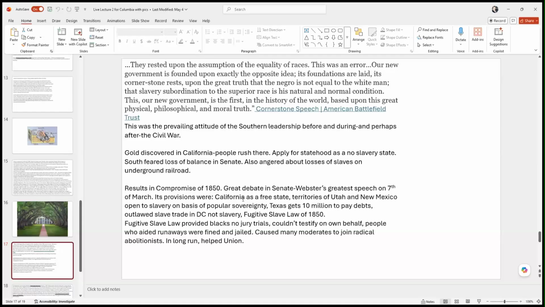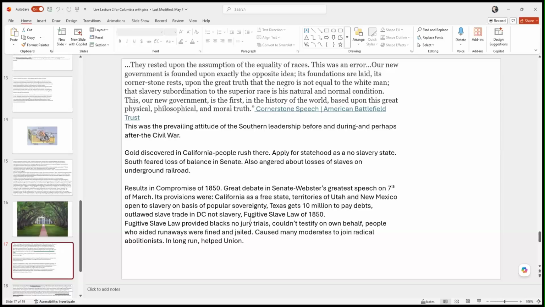And this law was really hated by northern abolitionists. What this law basically said was, no matter how long somebody had been freed from slavery, if they were living in the North, if they were on American soil anywhere, they could be apprehended by a Southern slave hunter. They could be returned to slavery to their former owner.